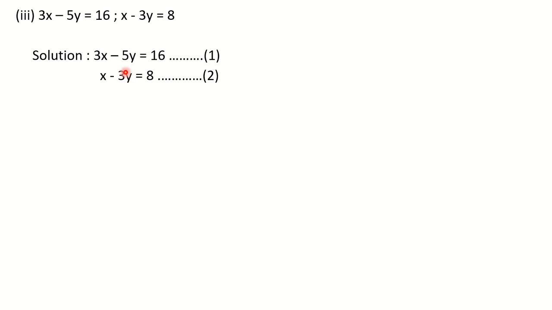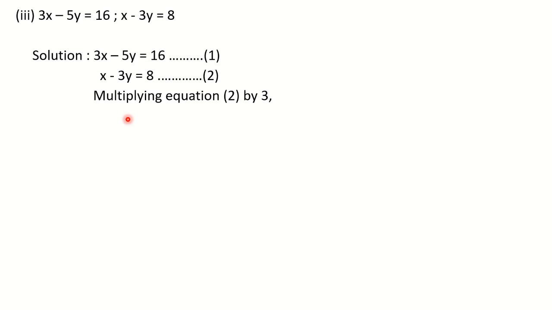If we try to equate the coefficient of y, we have to multiply both the equations. So leave it. Instead, you can equate the coefficient of x. Here it is 3 and here it is 1. So if we multiply equation 2 by 3, we will get the equal coefficient. So we are going to multiply equation 2 by 3.